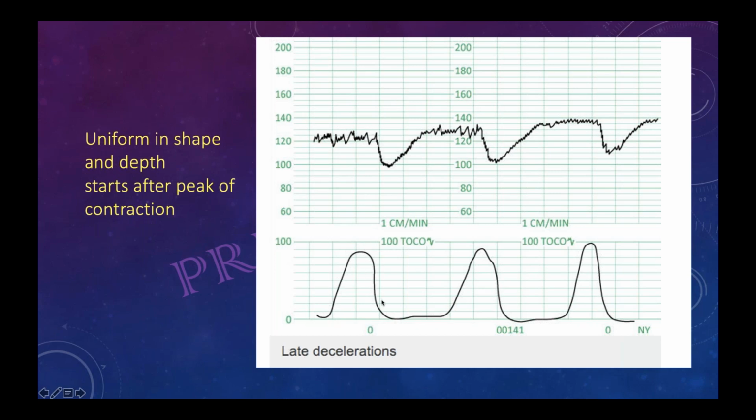Your contraction stops here, and the deceleration ends after the contraction. So this kind of deceleration is late deceleration. Usually you will find this with every contraction, because this is because of hypoxia.